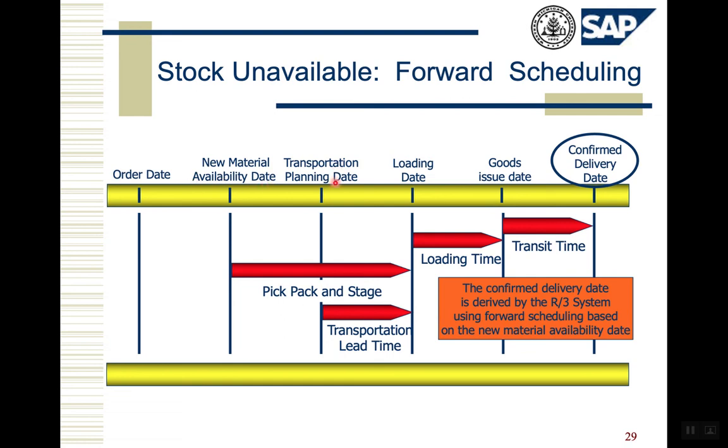That's coordinated with the transportation planning date, the loading date, the goods issue date, and the new confirmed delivery date based on our best estimates of where the stuff is at. Now, something can happen in transit, anywhere along the line. But that's our best information that we can move forward with.